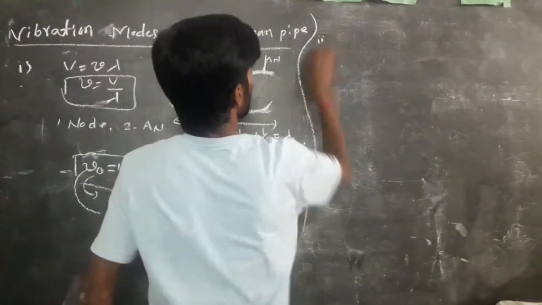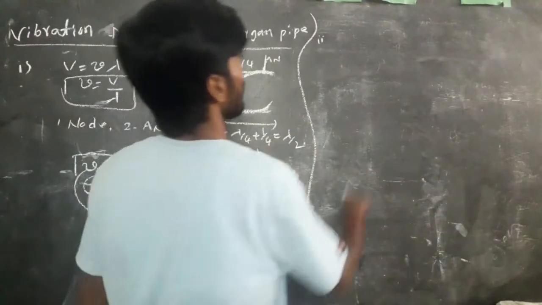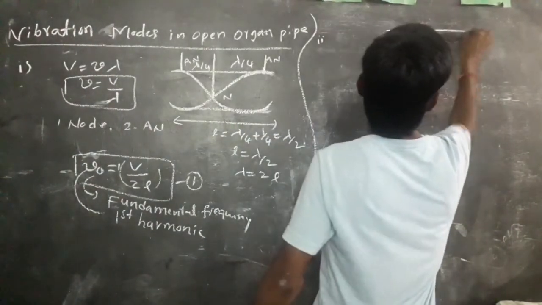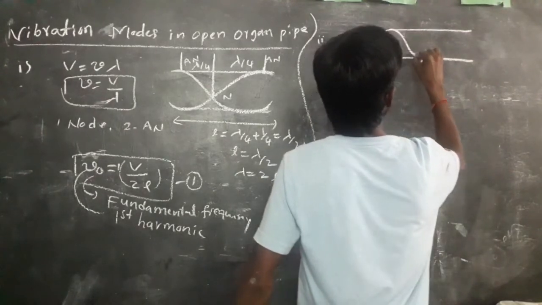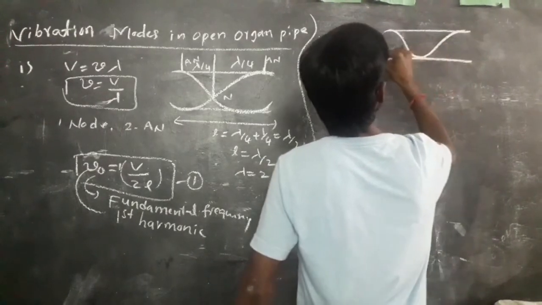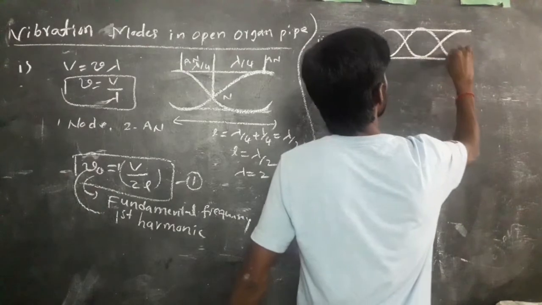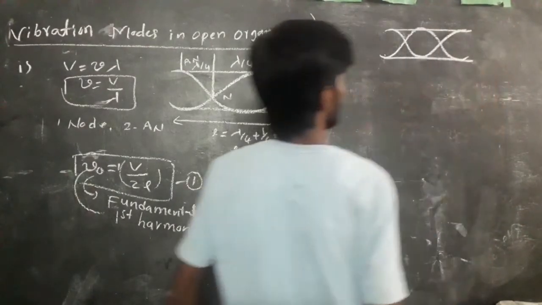In the second case, now I am selecting different nodes and different antinodes. This is the open organ pipe. So now I am taking this line.